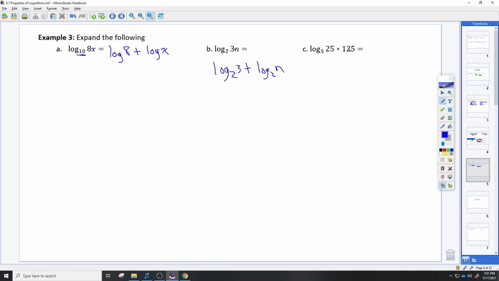And this last one, we would write as log base 5 of 25 plus log base 5 of 125. We're not solving this. It just says to expand it. You could actually solve these and get an answer, which I think is 5, since 2 plus 3 is 5. But we're just practicing expanding them.